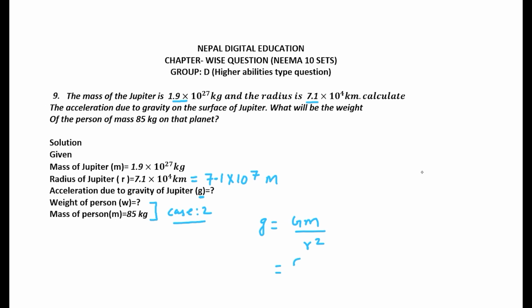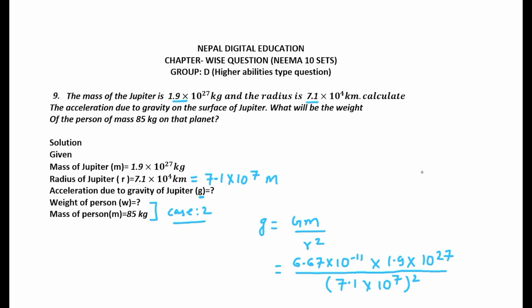So g equals 6.67 into 10 to the power minus 11 into mass, 1.9 into 10 to the power 27, divided by r square. The radius is 7.1 into 10 to the power 7, whole square.